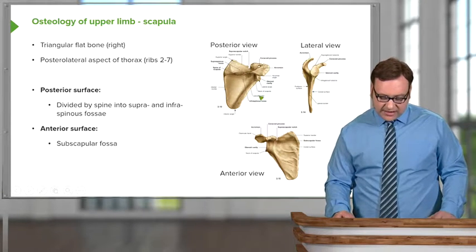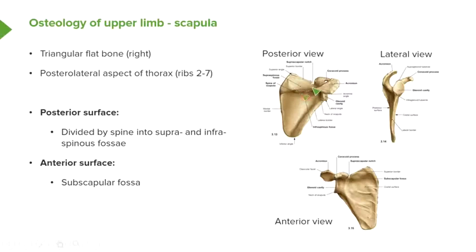The posterior surface, which we can see here, is divided by this prominent ridge. This is known as the spine of the scapula. We can see it dilates into this large structure here, known as the acromion. But the spine separates the posterior surface of the scapula into a supraspinous, above the spine, and infraspinous fossa.